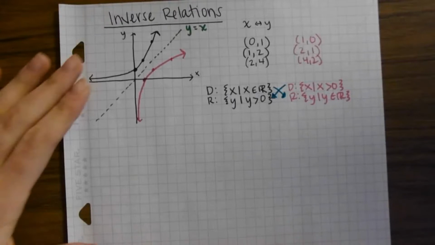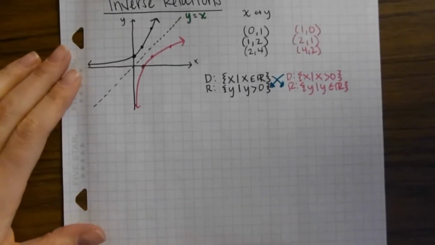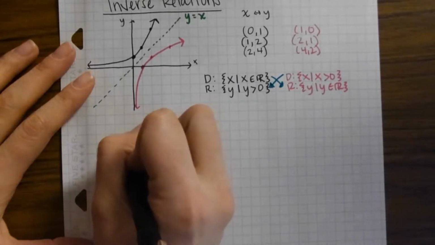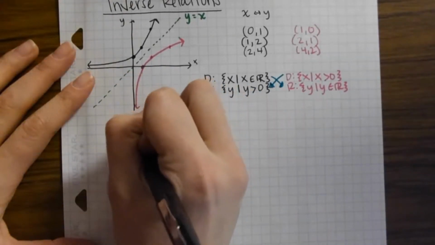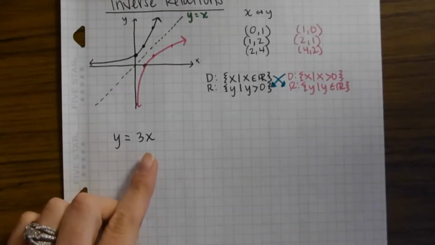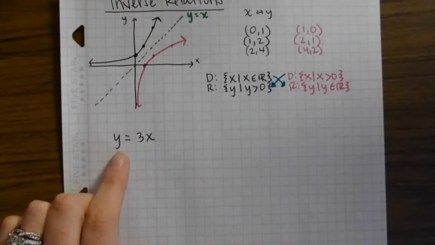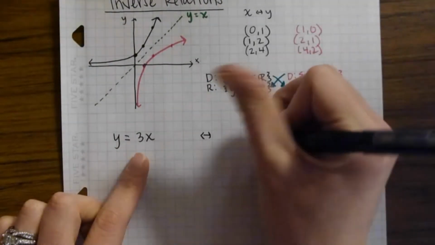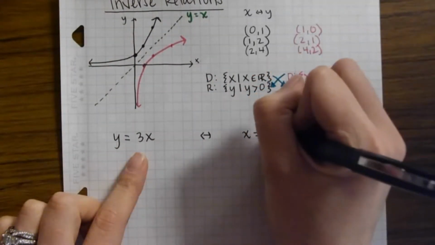Let's think about if we have an equation. So let's start with just y equals 3x. Well, if I want to find the inverse, I swap my x and my y.